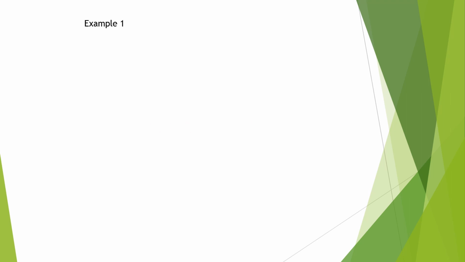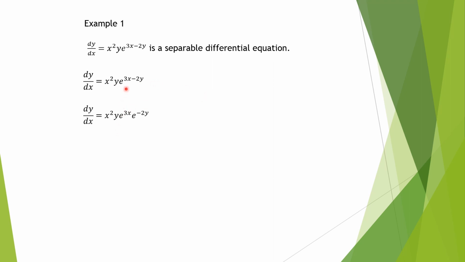Let's have example 1. Now, is this variable separable? So let's see if we can express this as a product of a function of x and a function of y. Here you see the original problem. Then you see that e to the 3x times e to the negative 2y can be simplified into e to the 3x times e to the negative 2y.